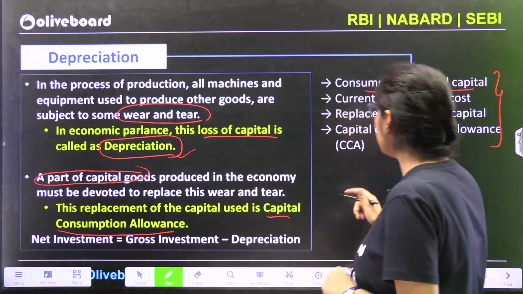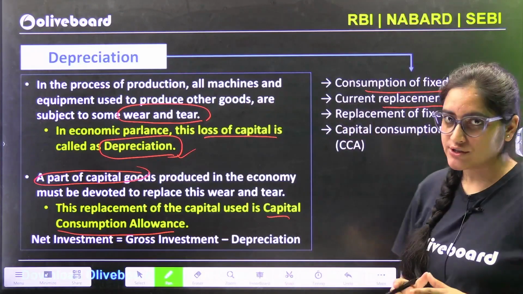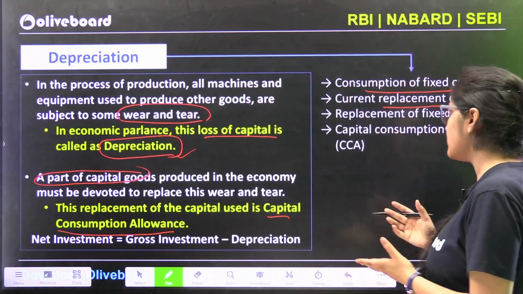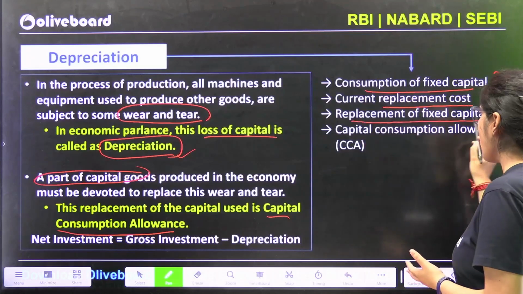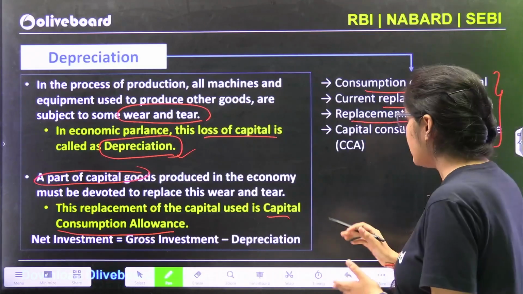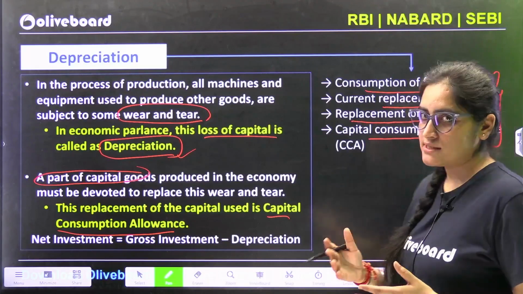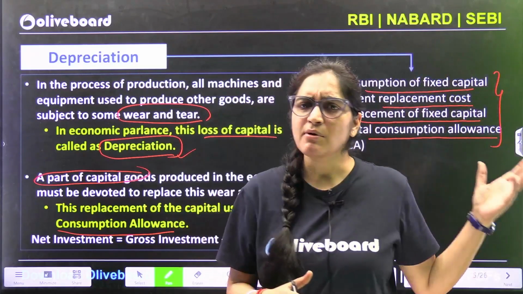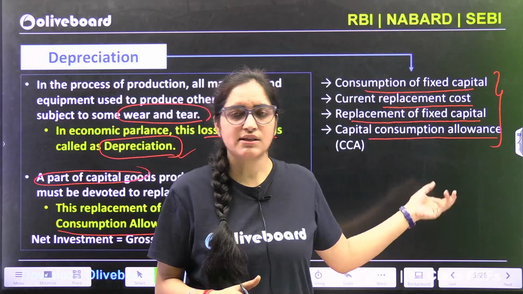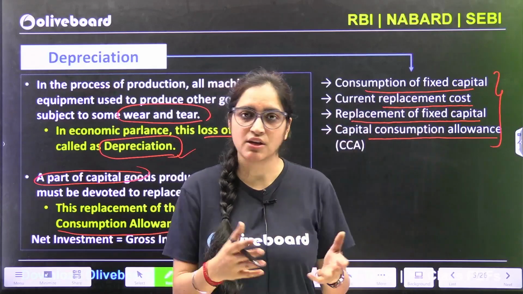Then comes current replacement cost. Another thing that you can say is replacement of fixed capital. Then capital consumption allowance, CCA. So, these are some of the keywords that we use to describe depreciation in economic terms.